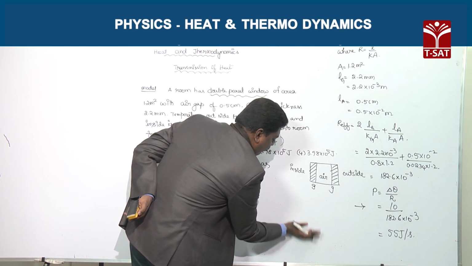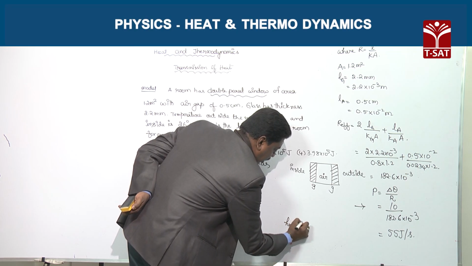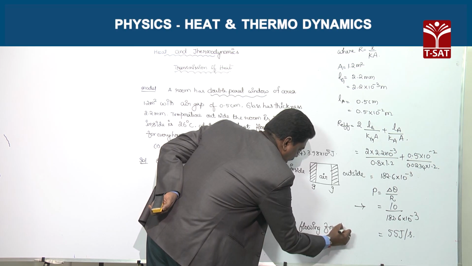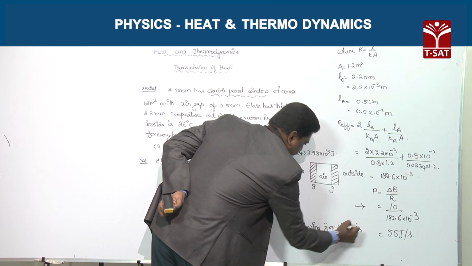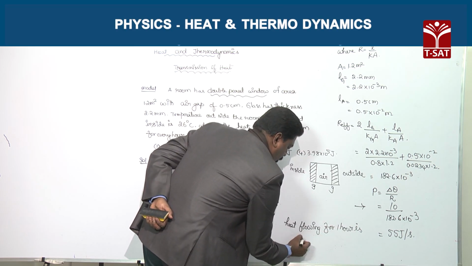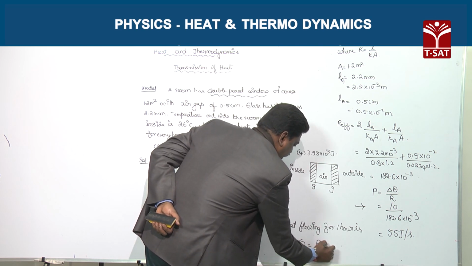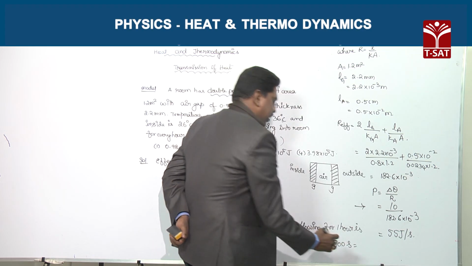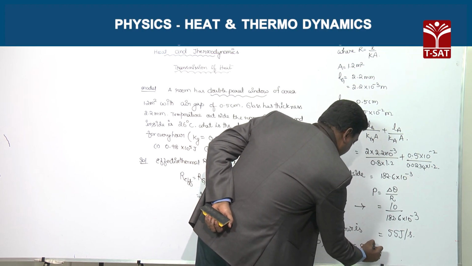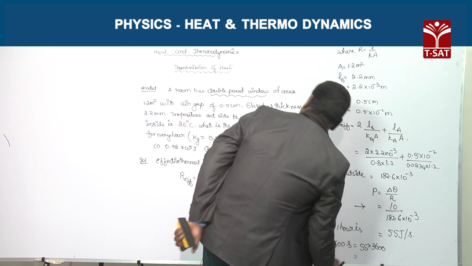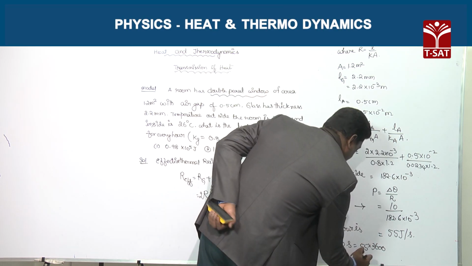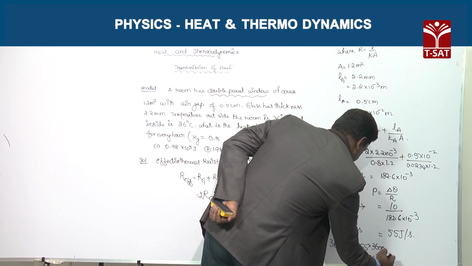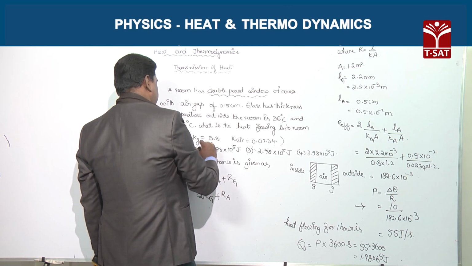The heat flowing for 1 hour is Q equals power into 3600 seconds, which is 55 into 3600, equal to 1.98 into 10 to the power of 5 joules. This is the second option we are getting.